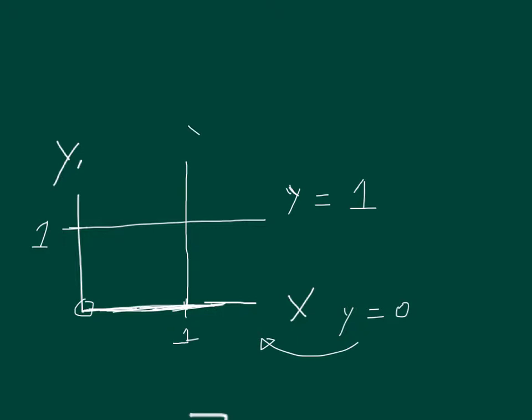So I'll go ahead and denote that as x is equal to positive 1. Quick review: x equal to positive 1 is a vertical line extending from the x value of 1. We have y equals 0, which is the equation of the x-axis, and then we've also plotted y is equal to positive 1, which extends horizontally from the y value of positive 1.